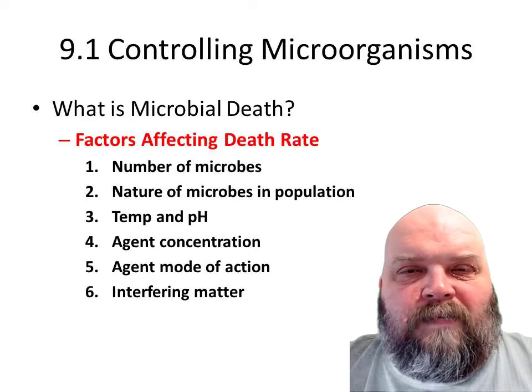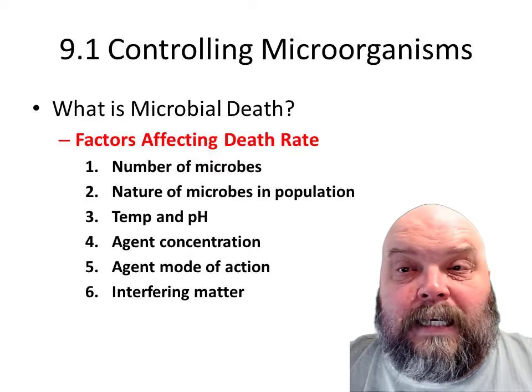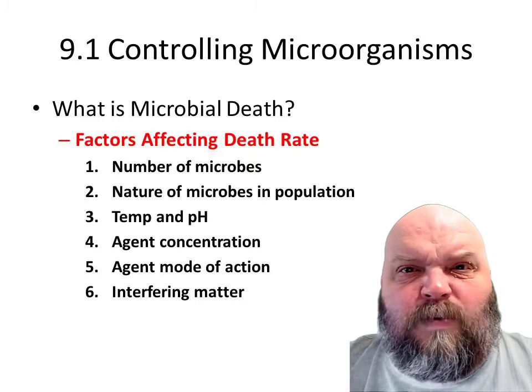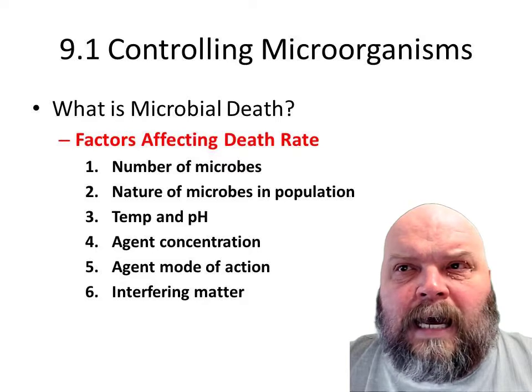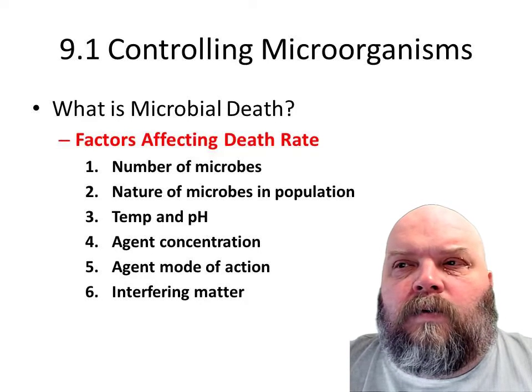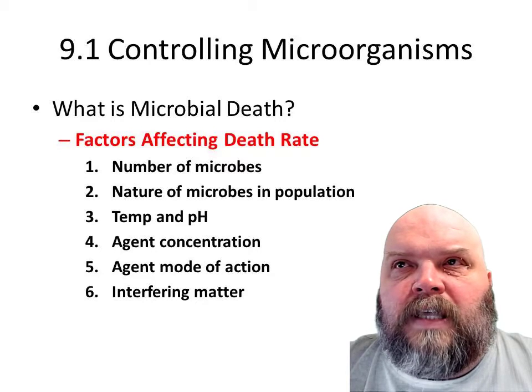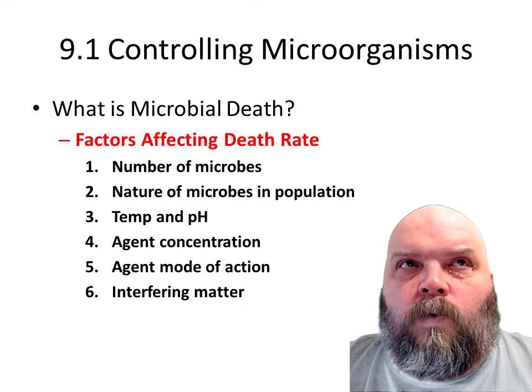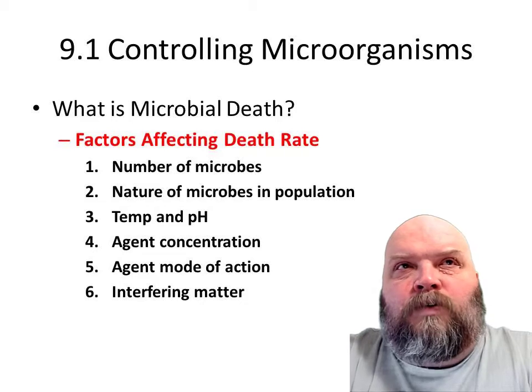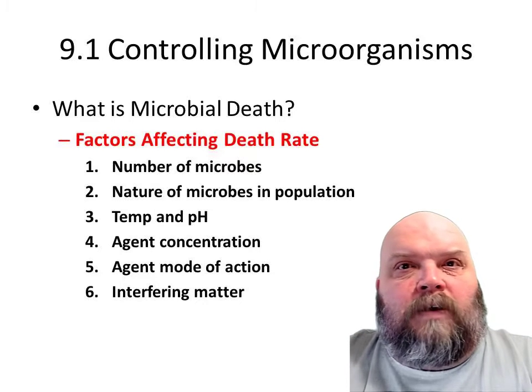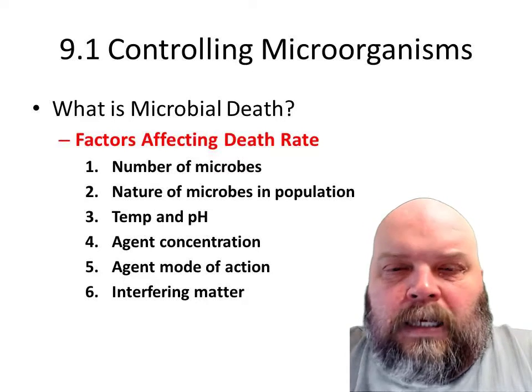So when you look at these factors affecting the death rate, meaning how many microbes are going to die, how quickly, how many will be left, these are all things that will come into play, will be part of the overall calculation of a death rate.